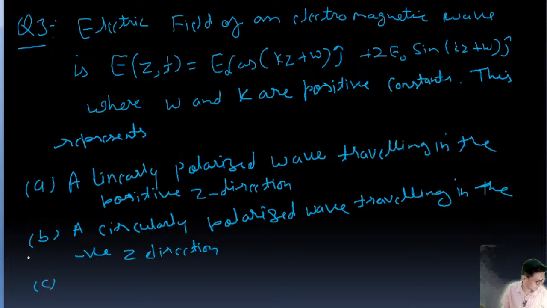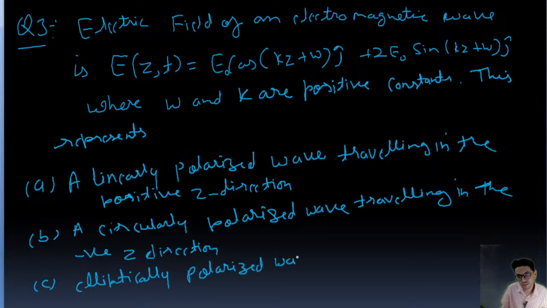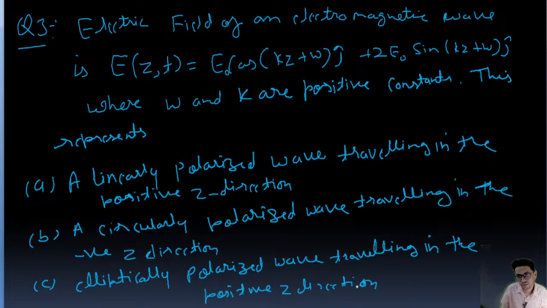Option C, an elliptically polarized wave traveling in the positive z direction.